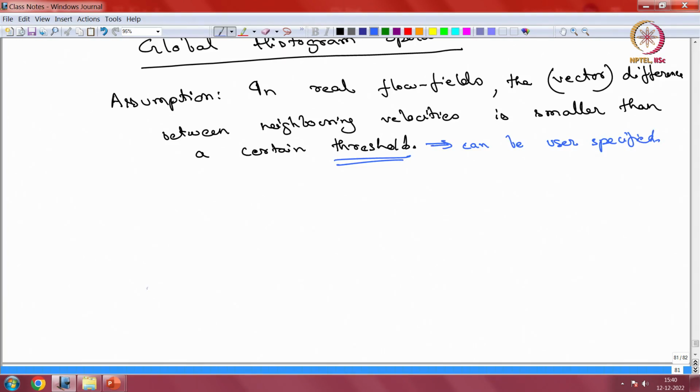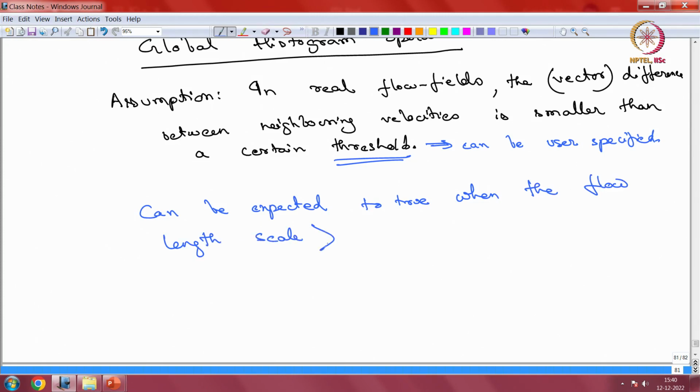This can be expected to be true when the flow length scale is much bigger than the grid resolution. The flow length scale is greater than the grid resolution.